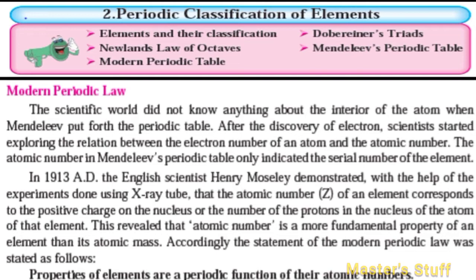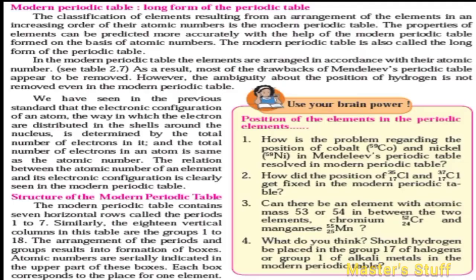So, accordingly, the modern periodic law was stated as: properties of elements are a periodic function of their atomic numbers. In the modern periodic table, the elements were classified by arranging them in the increasing order of their atomic numbers.